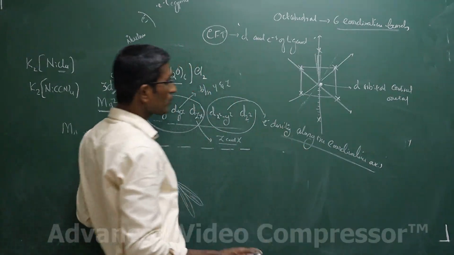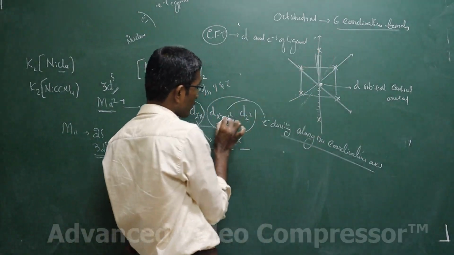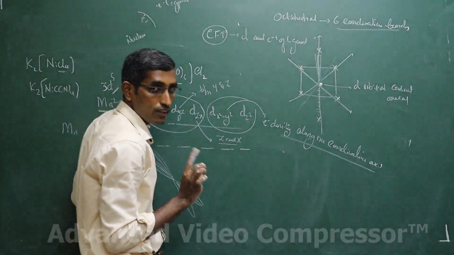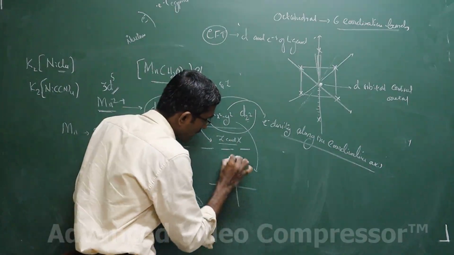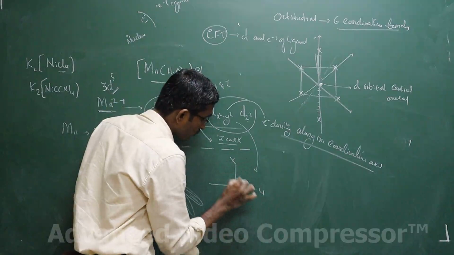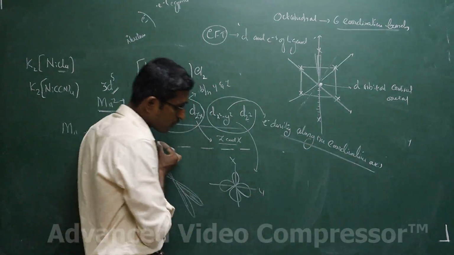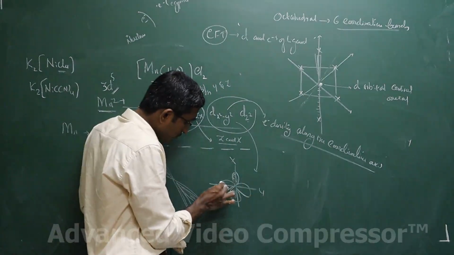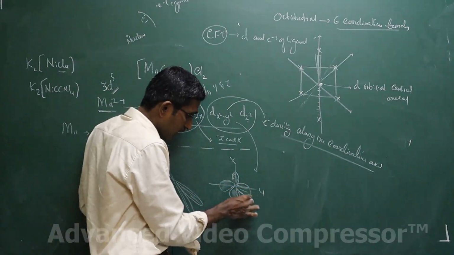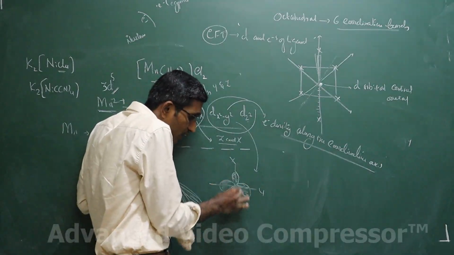Right? So electron density will be along the coordination axis as far as dx square minus y square and dz square orbital is considered. If you consider dx square minus y square, for example, this is x and this is y. This is the orbital where both the lobes, along the x as well as the y, will be focused along the coordination axis.